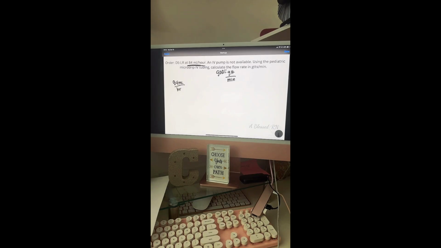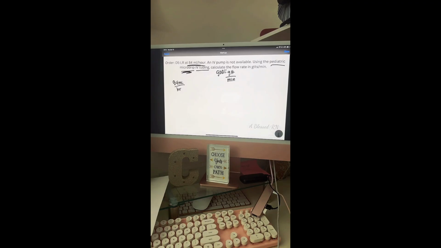So now we need to know the drop factor too, okay? What is the drop factor? It don't tell us. It says pediatric micro drip IV tubing. Okay, so if you ever have a problem and it's asking for drops per minute and it doesn't give you a drop factor, which we always know is drops per milliliter, and it says micro drip, there is only one micro drip set.